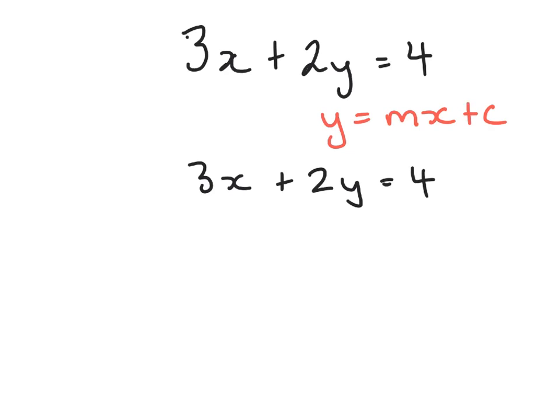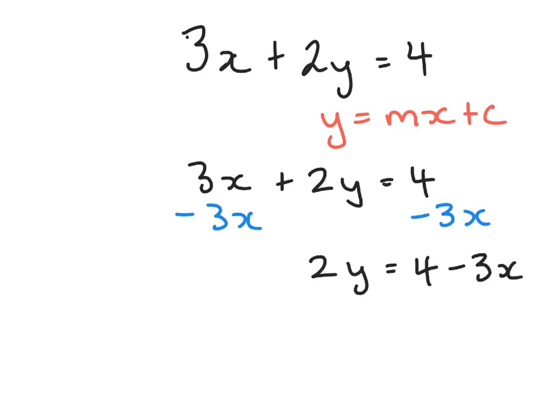That means I need to undo the positive 3x by subtracting 3x from both sides. Hence, 2y equals 4 take 3x. The next step is instead of 2y, I only want 1y. So I need to undo the multiplied by 2 by dividing both sides by 2.